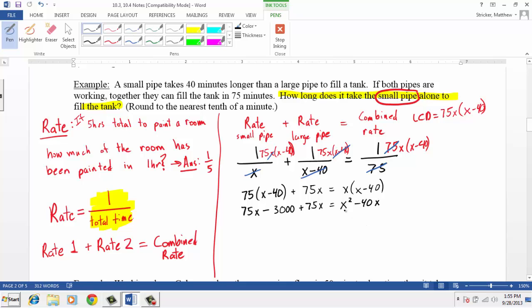And now we say, it's a quadratic, so we've got to get everything on one side. And we know that the left-hand side becomes 150x minus 3,000. So I want to subtract 150x and add 3,000.